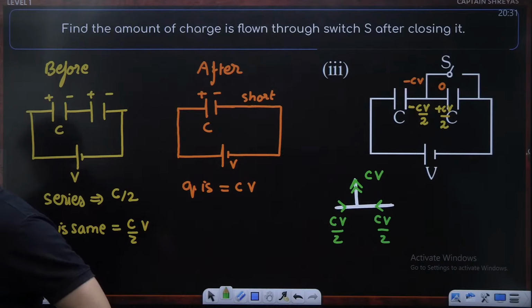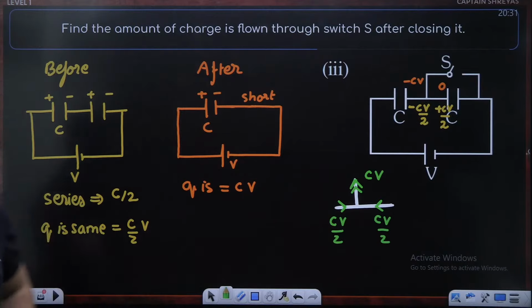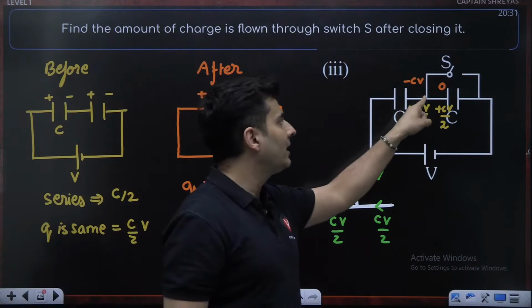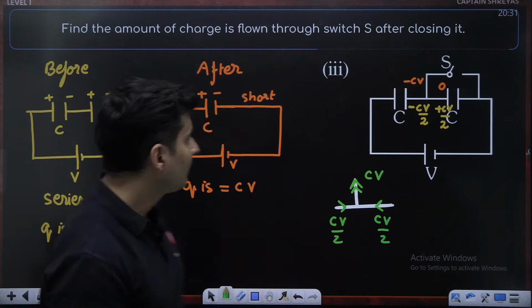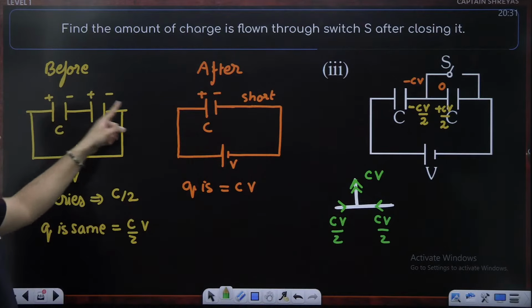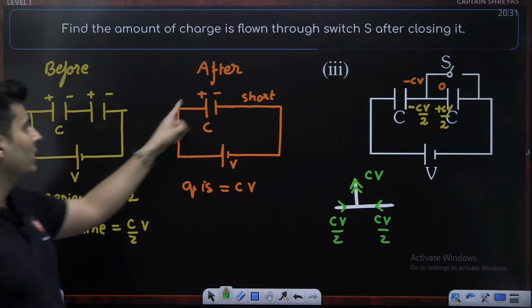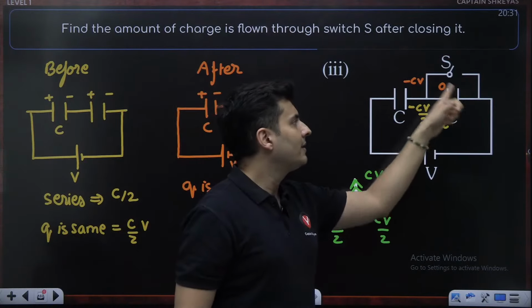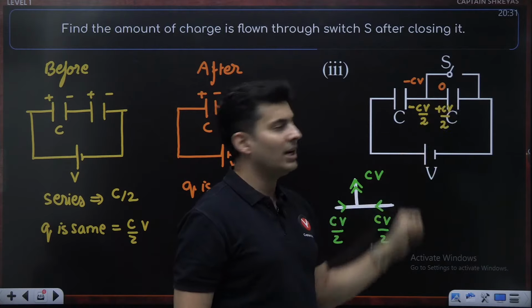Is that clear, my dear warriors? Is that understood? Yes, very nice. So I have taken this junction to understand it. I saw that these are the charge distributions before, and this is the charge distribution later on. In the later one, because this is shorted, there is no charge on it.